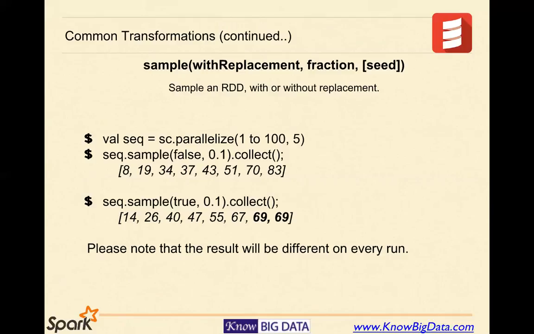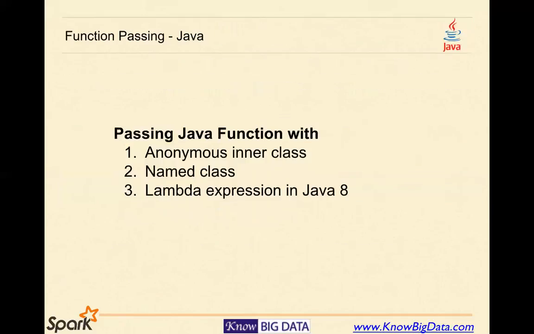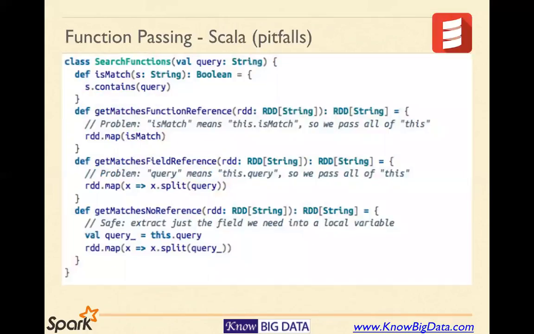A question from Mohit: does the local variable have the same size and structure as the local object? Not really. The overall object could be having hundreds of variables. This class could be having hundreds of variables. So this query will bring the entire object with it, and that's why it'll be huge.